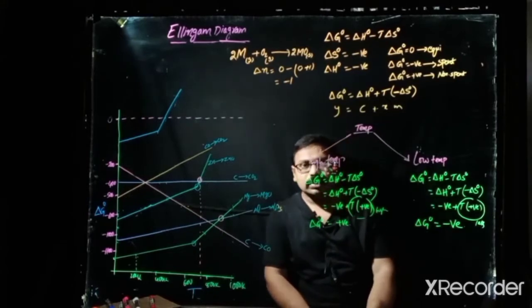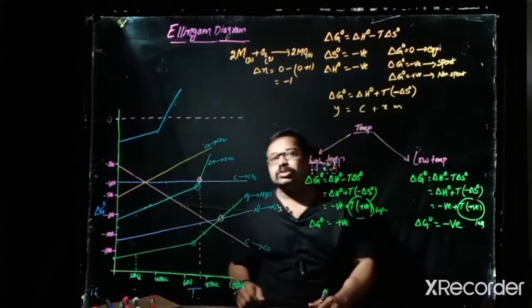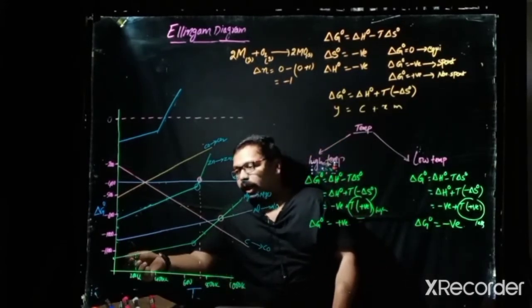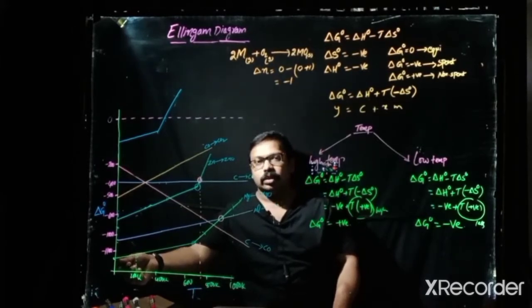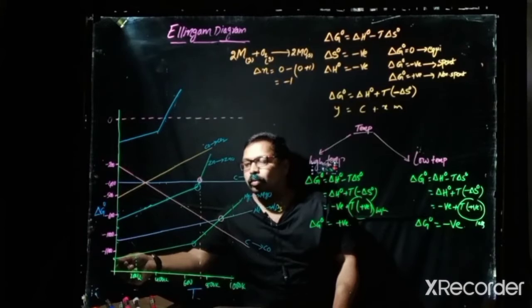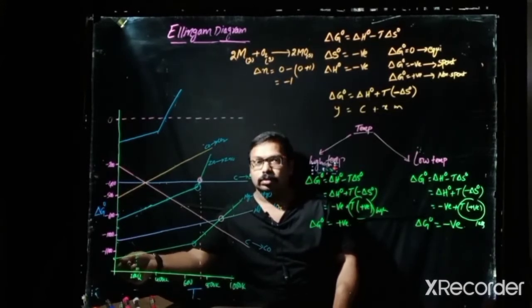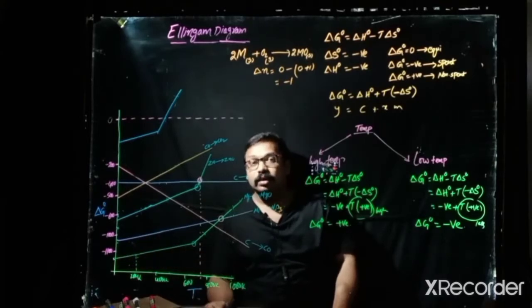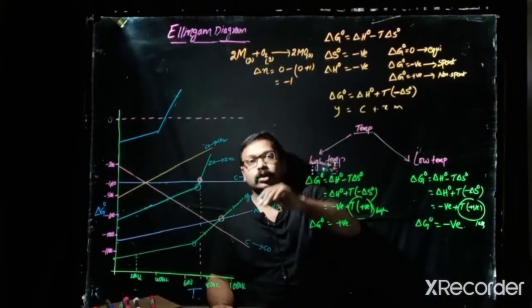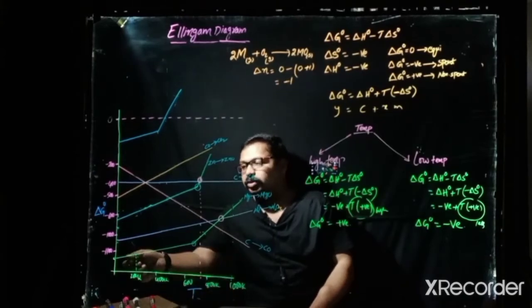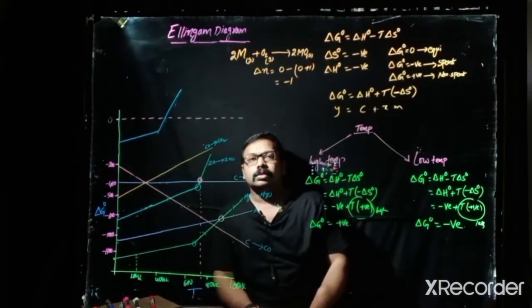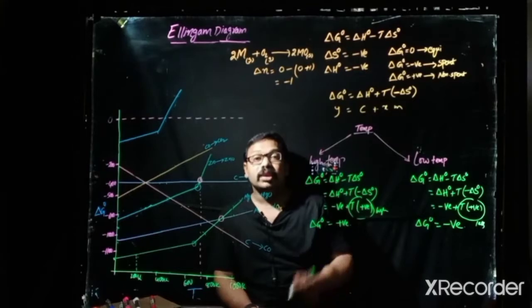That is the reason why, if you observe the slopes at low temperature, they lie towards the more negative delta G naught side.